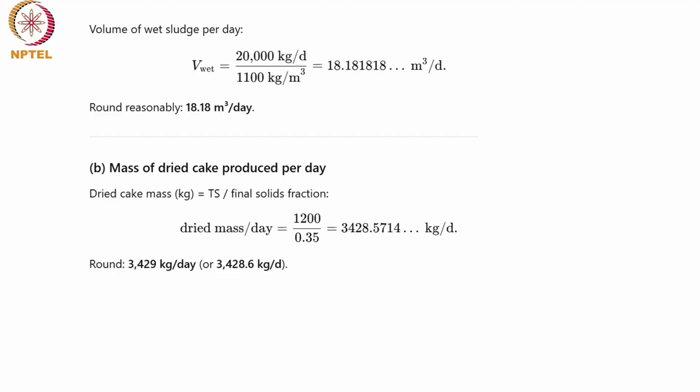So your dried cake mass produced is equal to 1200 divided by 0.35, which is 3428 kg per day.